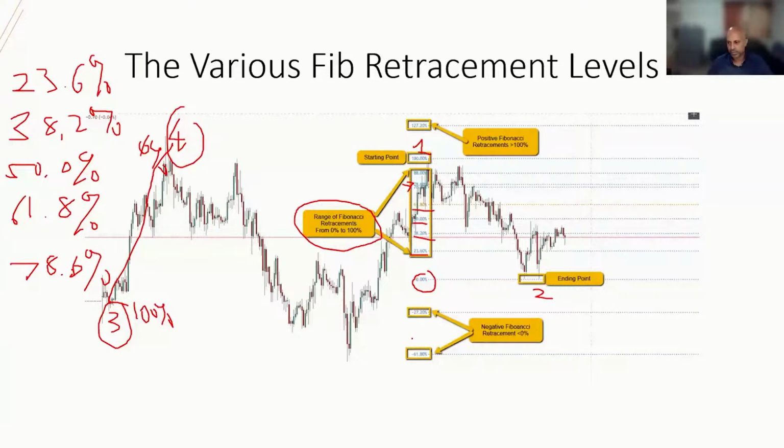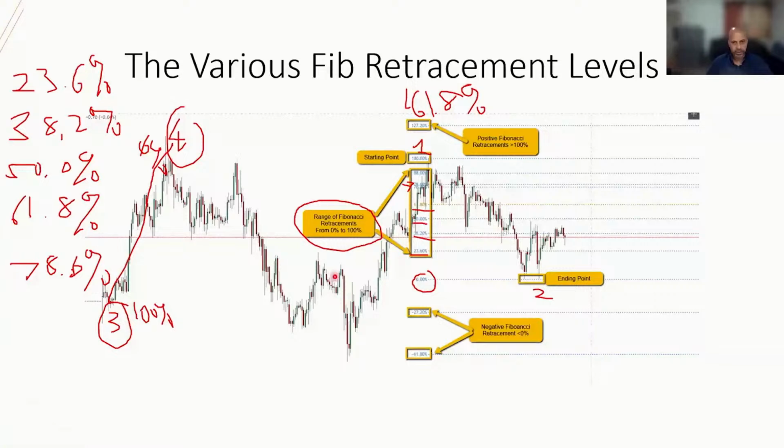We'll touch on this a little later. Similarly, for Fibonacci levels that are greater than 100%, the key levels are at 127.2% as seen here, and what is not seen is 161.8%. But for now, let's just focus on the retracements, right? So 23.6% to 78.6%, right?